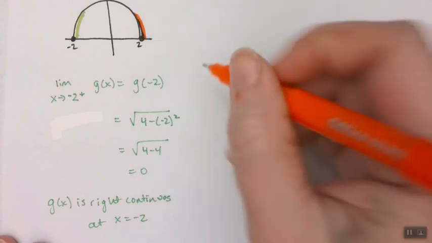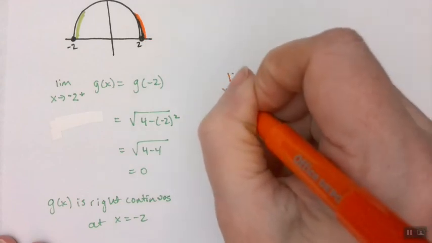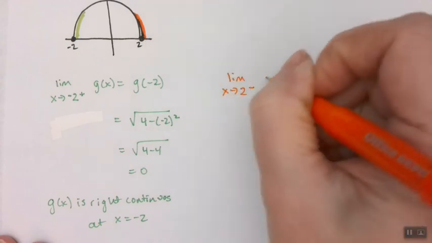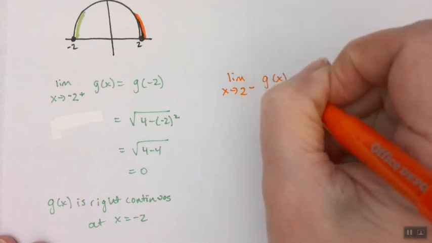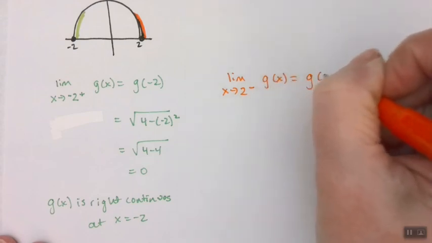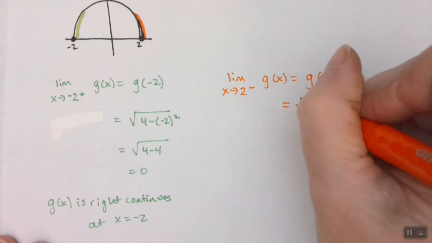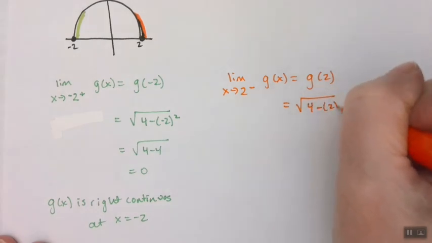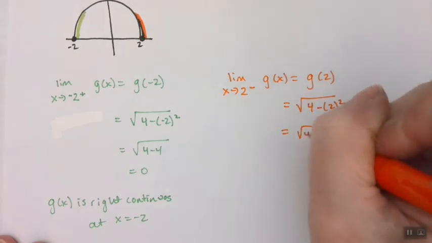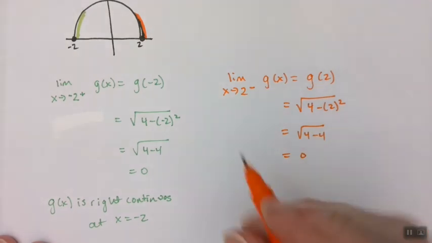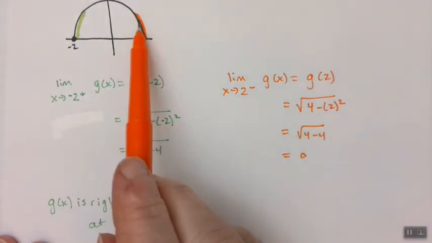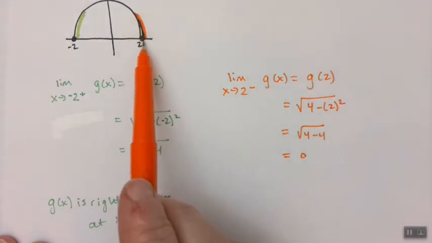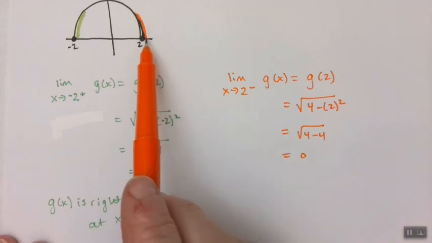So over on this other side, right here, as I approach towards 2, indeed, the limit as x goes to 2 from the left of that function is equal to g of 2, because it's equal to the square root of 4 minus 2 squared, which is the square root of 4 minus 4, which is yet again 0. And I can tell that's the limit because the function's approaching that value, and that value is g of 2.